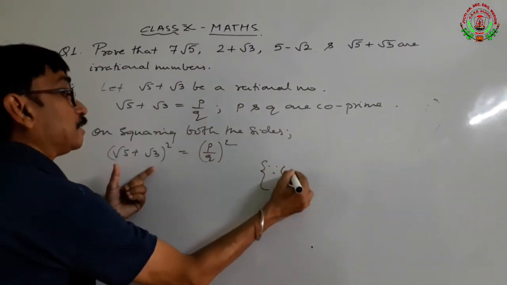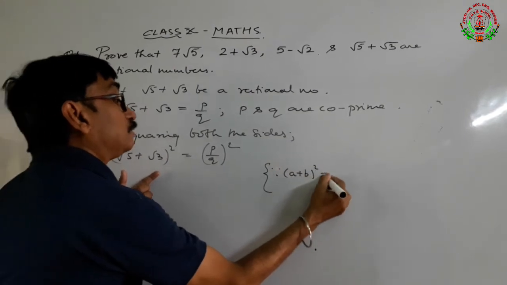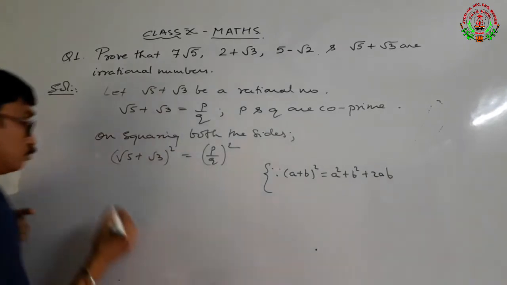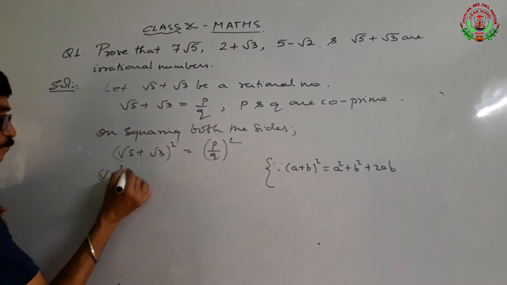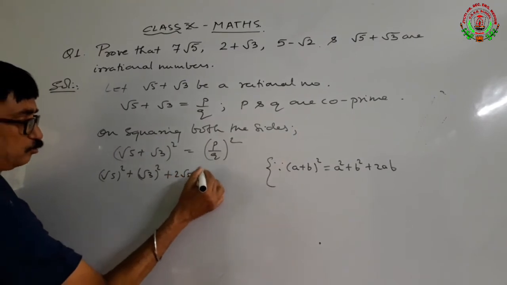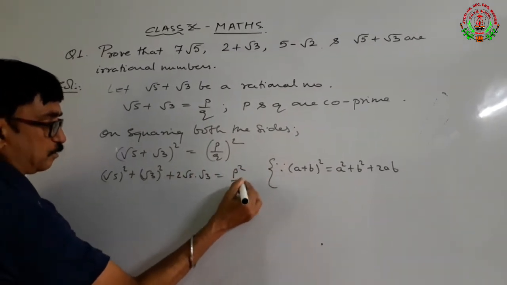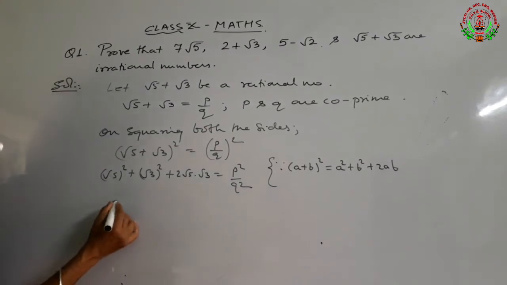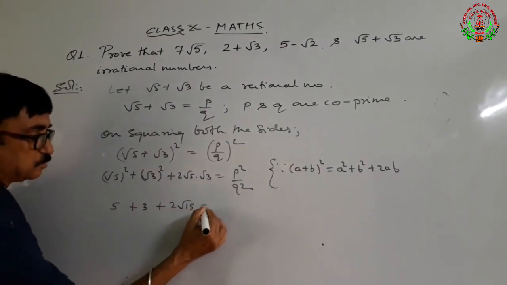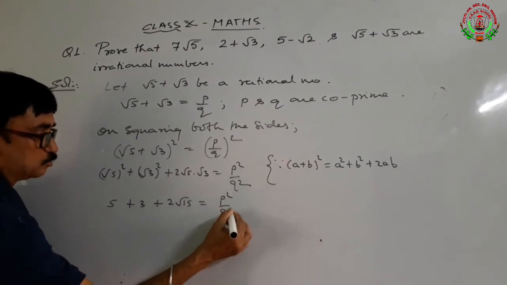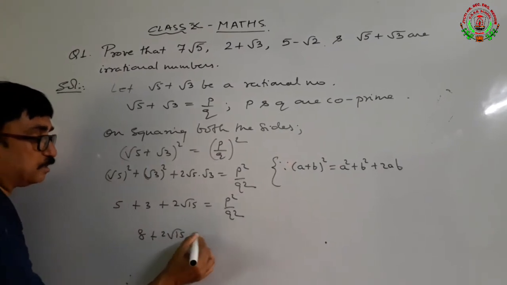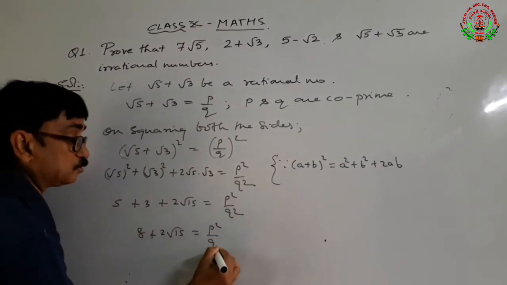Since we know that a plus b the whole square is equal to a square plus b square plus 2ab, root 5 square plus root 3 square plus 2 root 5 into root 3 equals p square by q square, which becomes 5 plus 3 plus 2 root 15 equals p square by q square. 5 plus 3 is 8, so 8 plus 2 root 15 is equal to p square by q square.